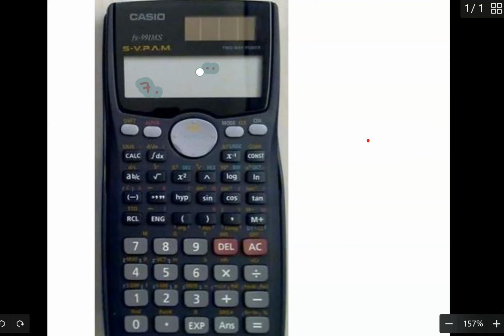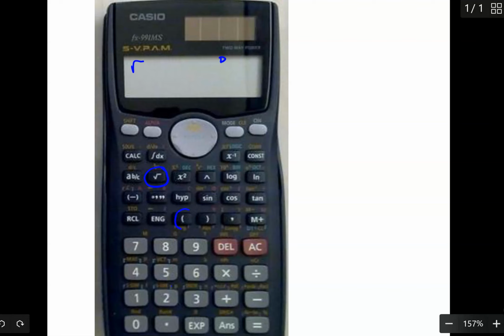Again, here's what we do. You still see that you still have a degree, and in this case, what you will do is press this key right here, square root. So I press the square root, and it gives me the square root sign.